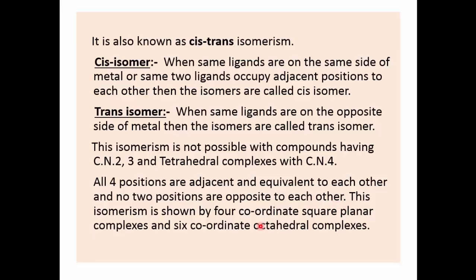But this isomerism is shown by 4 coordinate square planar complexes as well as 6 coordinate octahedral complexes. So in detail we have to discuss geometrical isomerism in square planar complexes. Of course, coordination number is 4, that means 4 ligands are attached to central metal atom or ion.